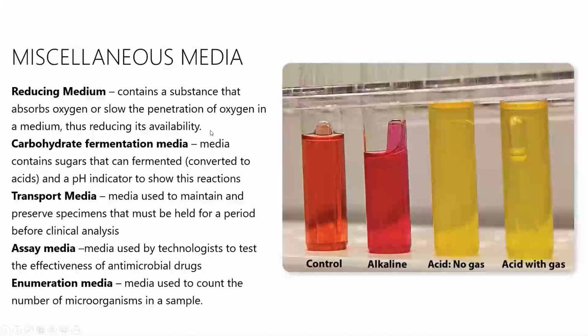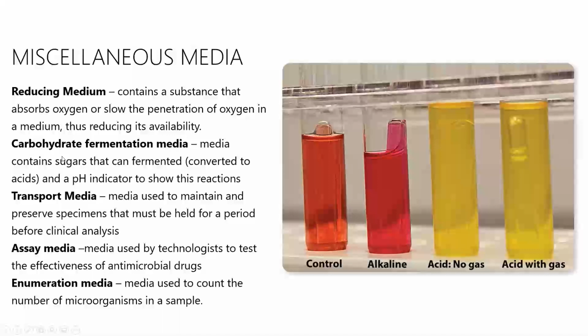A couple more kind of miscellaneous medias we can use. We can use reducing medias that contain substances that will absorb oxygen or slow the oxygen that's available. Okay, so this can be important if you're studying what sort of gases your bacteria needs. We can also use carbohydrate or sugar fermenting medias. These contain different sugars.